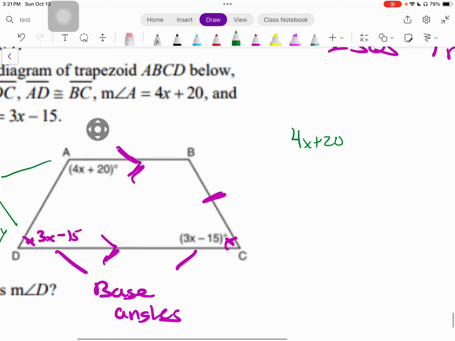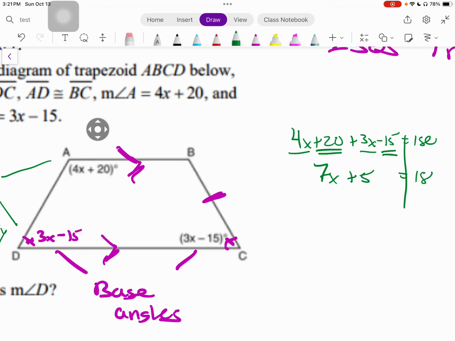So 4x plus 20 plus 3x minus 15 equals 180. 4x and 3x make 7x. Plus 20 and minus 15 make plus 5. We're going to subtract 5 from both sides. 7x equals 175.